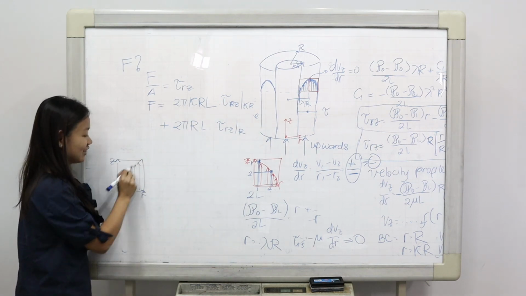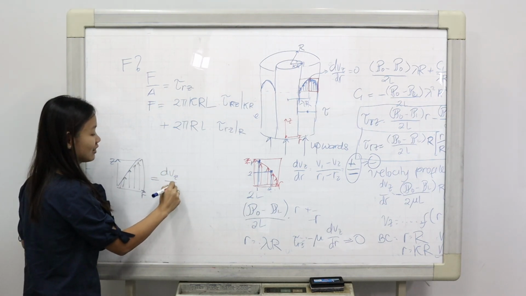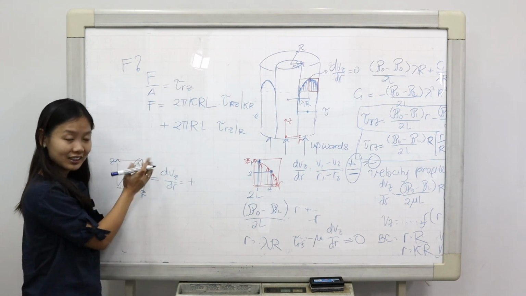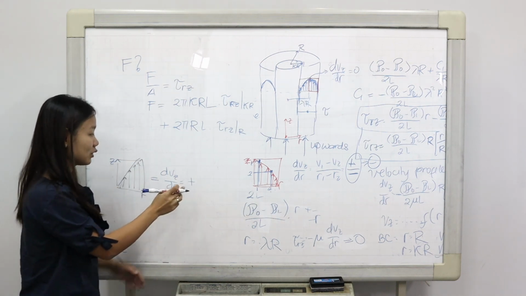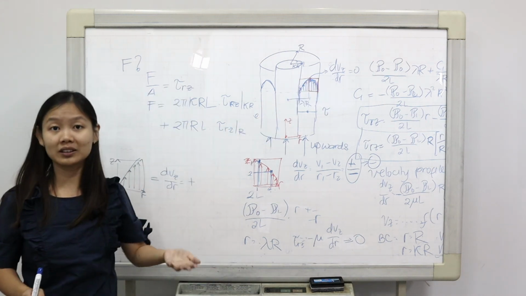The shape is like this, which means dvz over dr is positive. The gradient is positive. So we will have two different gradients, over here and over here.